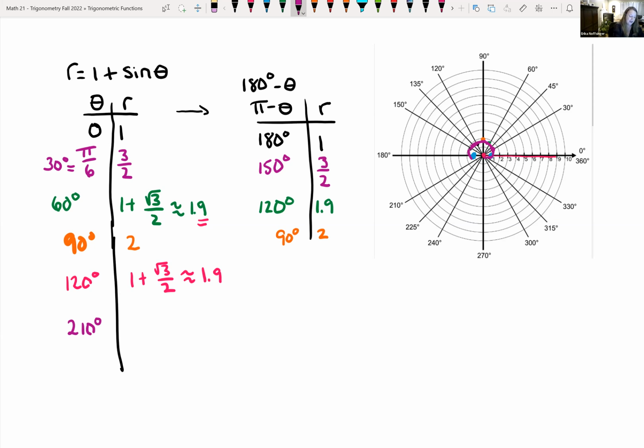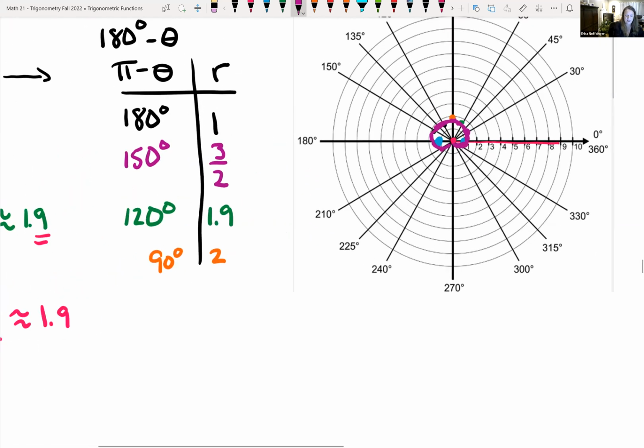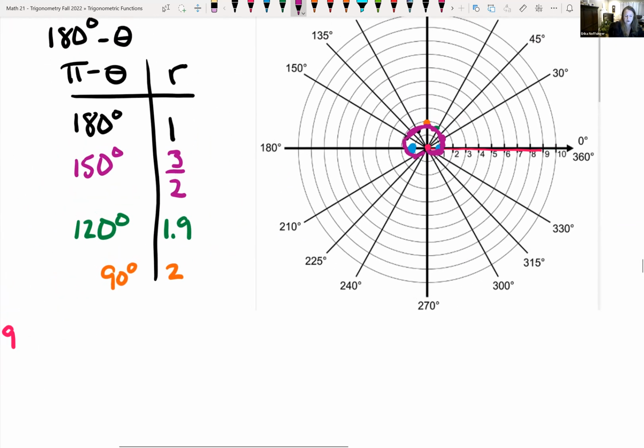So 1 plus 1/2 is 1.5. Okay, so here I have 1.5. It's going to come back around. So I don't know if you can tell, but as I zoom in, it kind of looks like a heart.